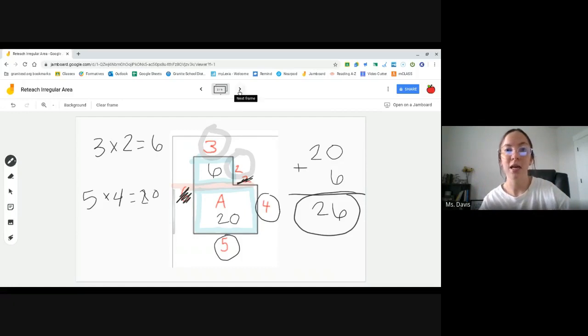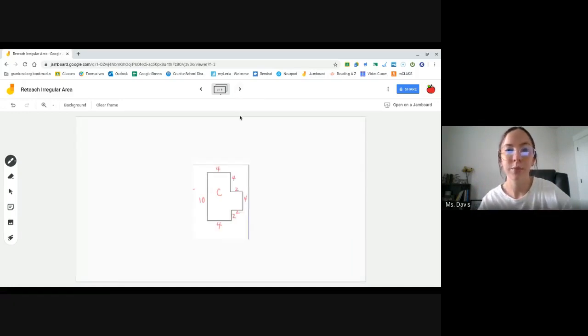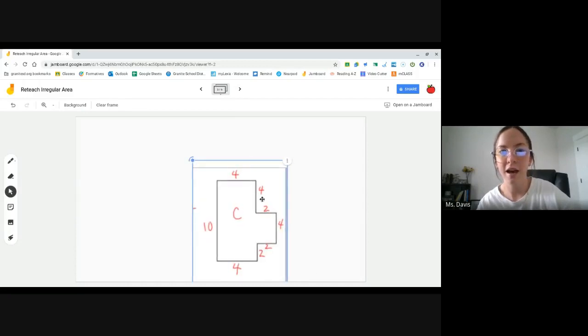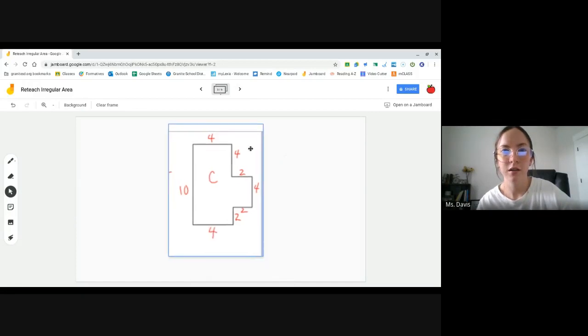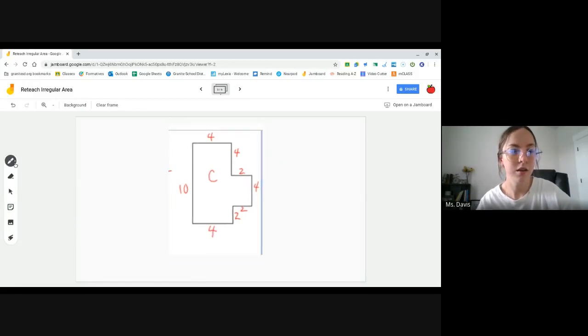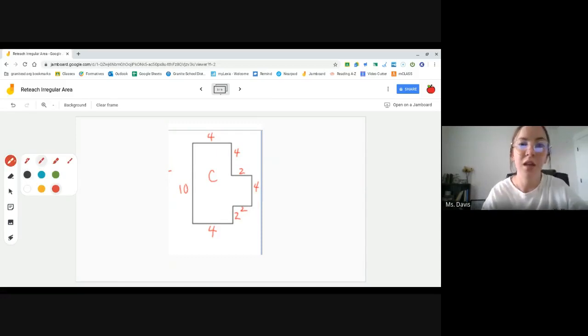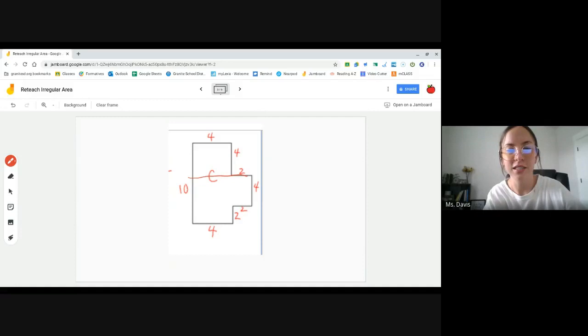So we're going to practice that one more time. I'm going to make this a little bit bigger, make it a little bit easier to see. So this one, I have a spot where I could break it up. If I break it up like there, that doesn't really help me because I still have this weird shape right here.